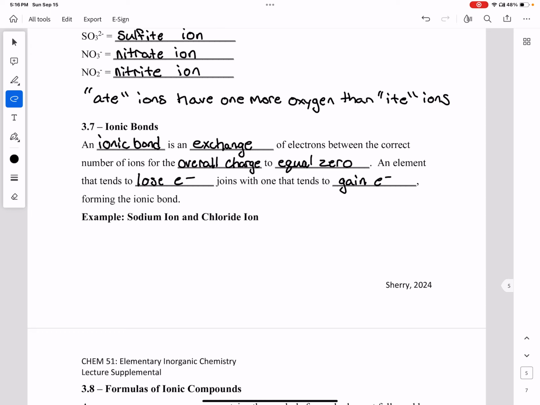So if you have sodium with that one dot plus chloride, they will ionize and then form a bond where the charges will cancel each other out.